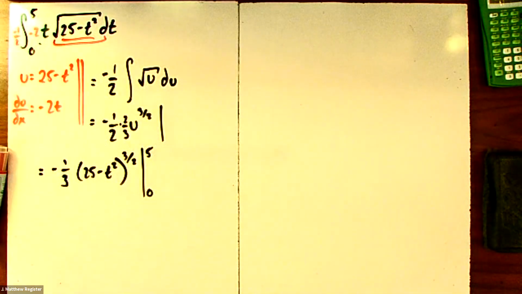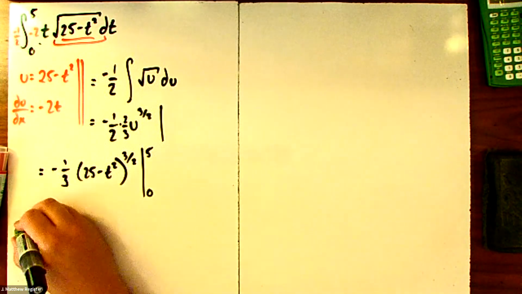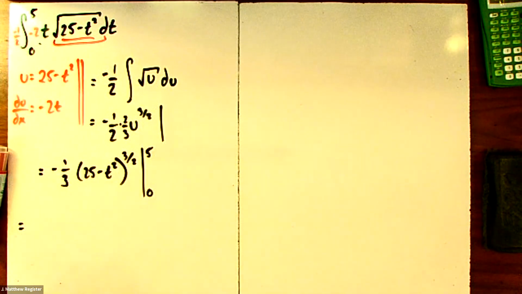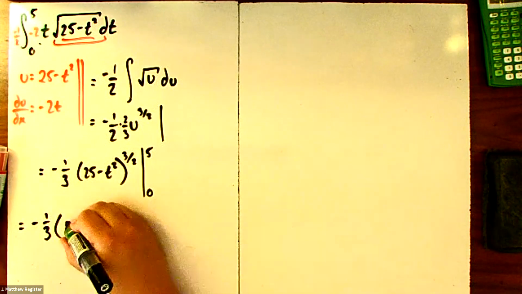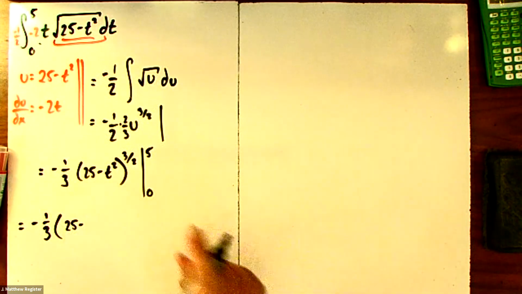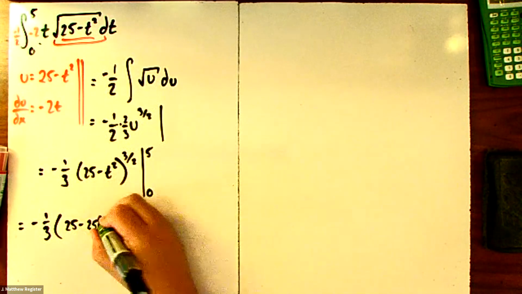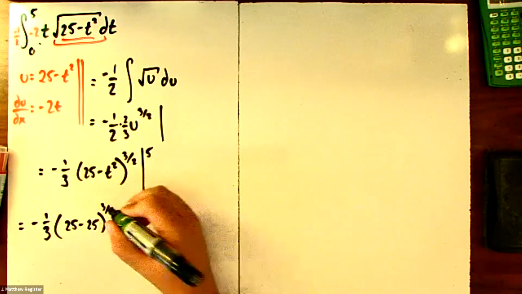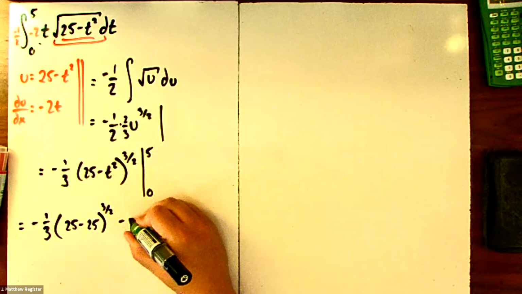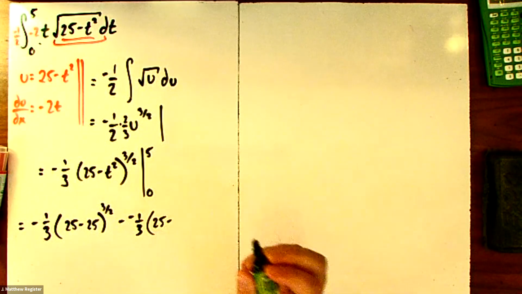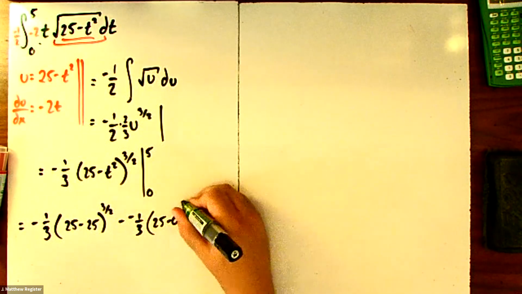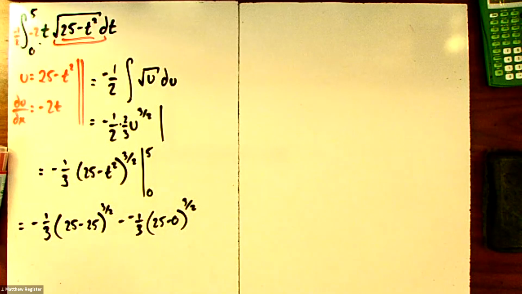So basically, whenever we were dealing with u's, we just kind of ignored the bounds. But now that it's back in terms of t, we can plug those bounds back in. And that means we can do the fundamental theorem of calculus. And so we would get negative 1/3 times 25 minus 5 squared, which is 25 minus 25, to the 3/2, minus a negative 1/3 times 25 minus 0 to the 3/2.